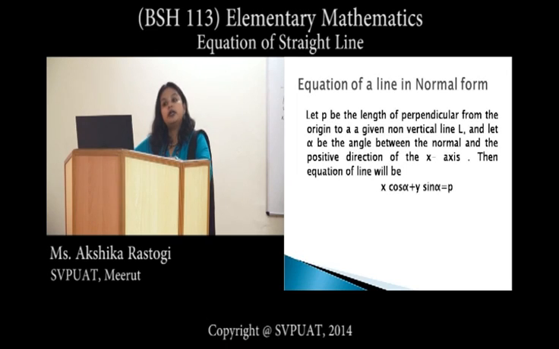Otherwise we will not use this formula, because here it is clearly written that the non-vertical line should be in the positive direction of x-axis. It is inclining at some angle, that is alpha, and the distance between the origin and that particular line is p. So the standard equation for this is x cos alpha plus y sin alpha equals p.